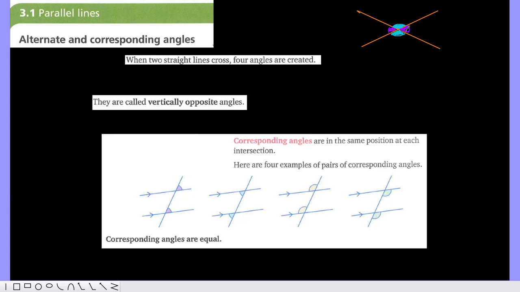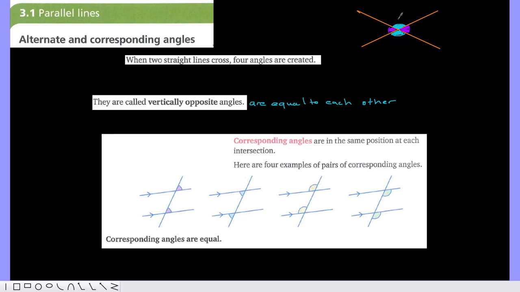So when you draw two lines which are intersecting with each other, you are getting four angles, and what are they? They are vertically opposite angles, and we need to remember that vertically opposite angles are equal to each other. What does it mean?